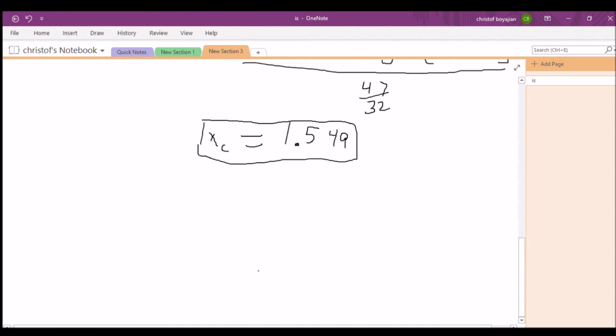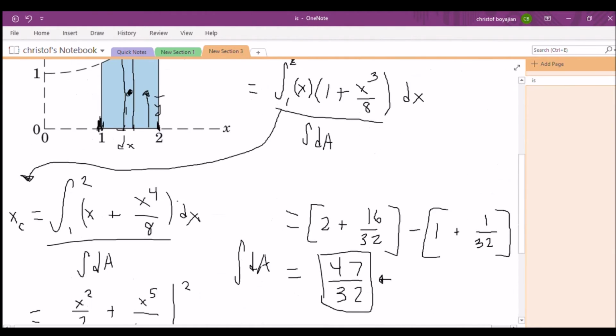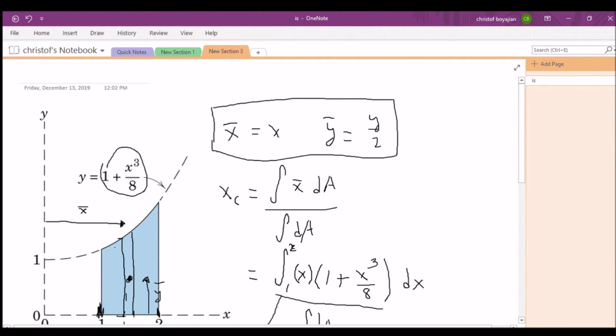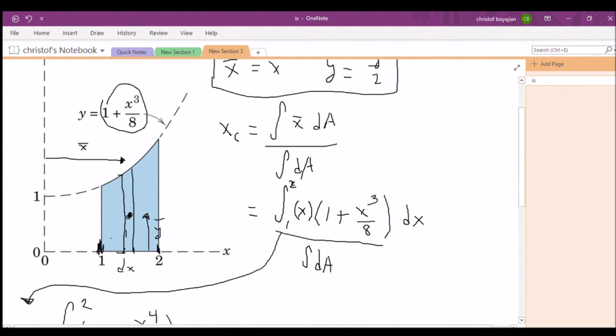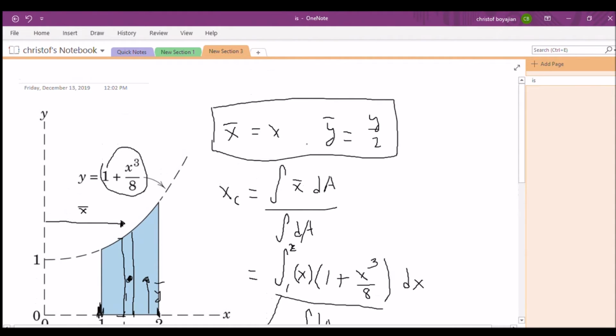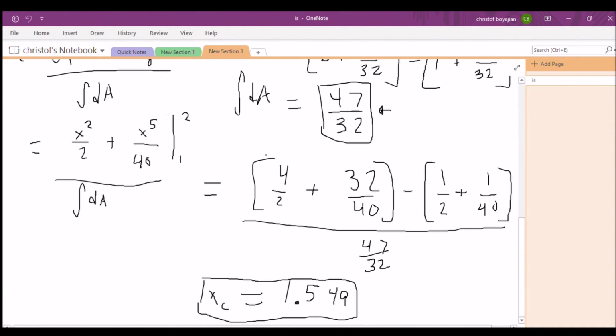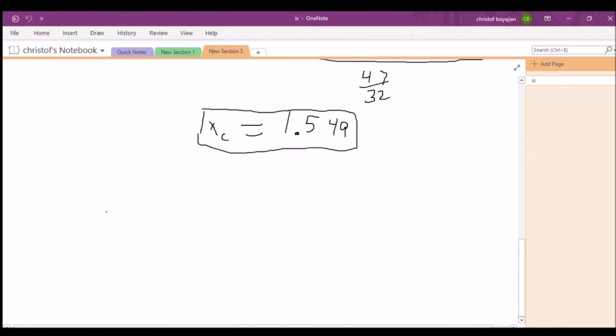All right. Now, we can go ahead and solve for the y-centroid, the coordinate of the centroid with respect to the y-axis. So let's go ahead and do that. So our y bar, keep in mind, is y over 2. So I'm going to go ahead and do our y coordinate of the centroid right here. It should be our y bar times dA over the integral of dA.